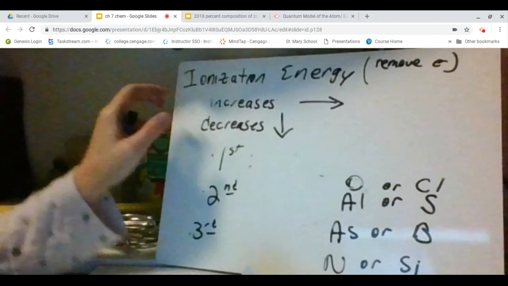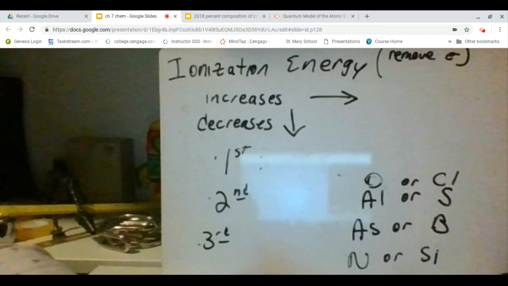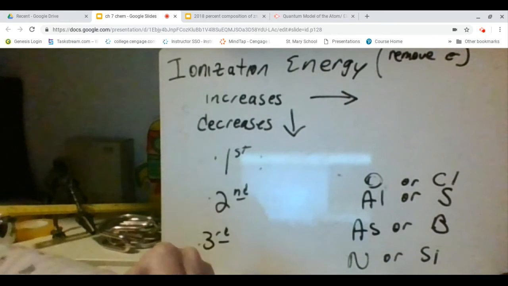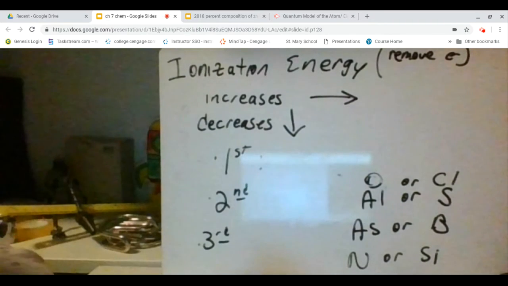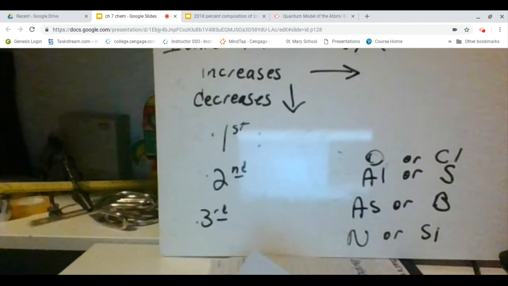The second and third ionization energies refer to removing the next electron and then the next one, not removing two simultaneously. And subsequently, each energy to remove an electron is going to become higher. So let's look at these examples and see if we can predict whose ionization energy would be higher.